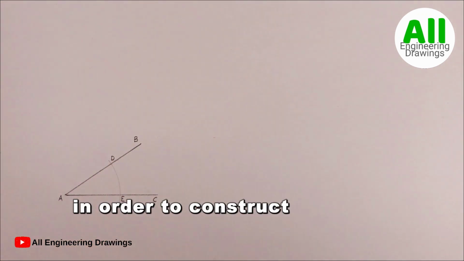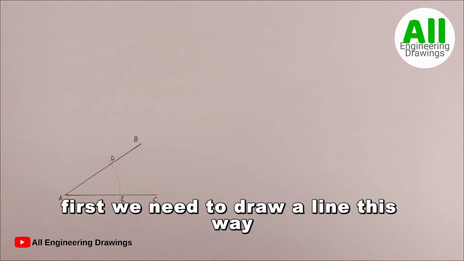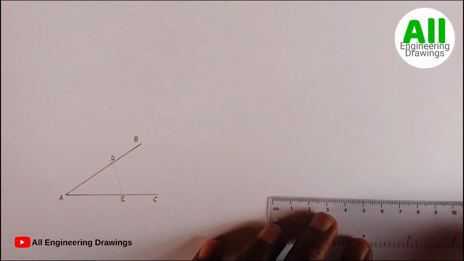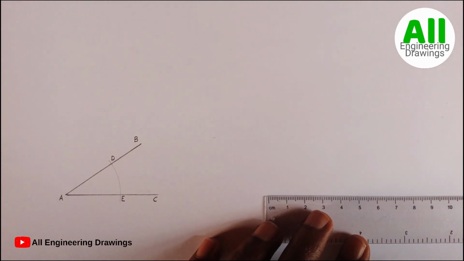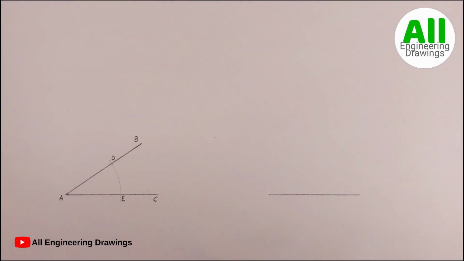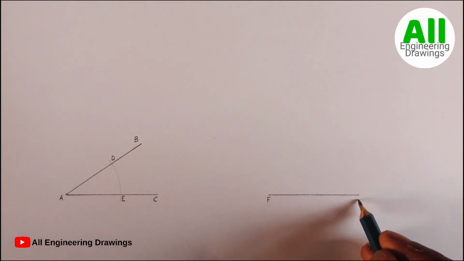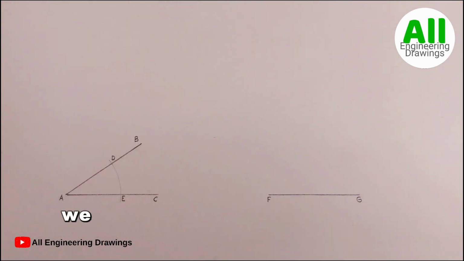In order to construct an angle similar to a given angle, first we need to draw a line this way. We also need to cut arc this way using the radius of the previous arc.